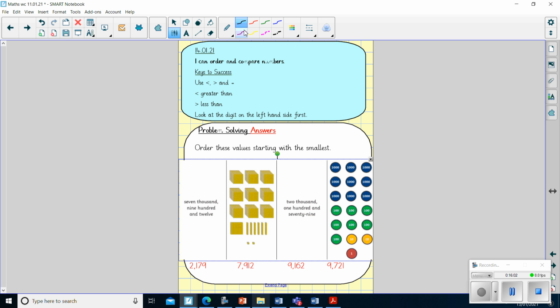Okay, so I have chosen to write the numbers in figures.